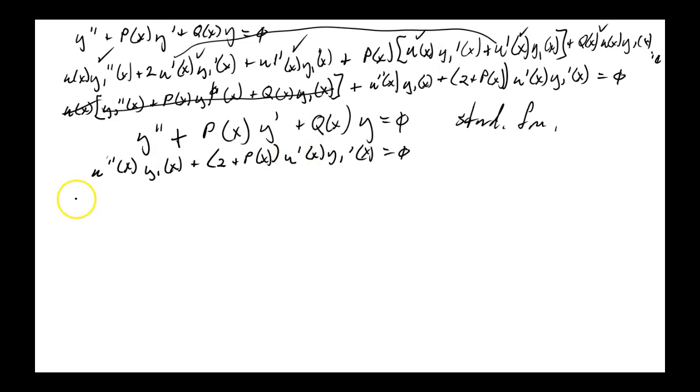So that's why we say let w of x equal u prime of x. Then w prime of x is equal to u double prime of x, and you can plug back in and get a new equation. Here's your new equation.